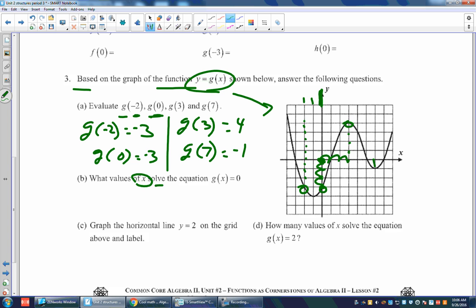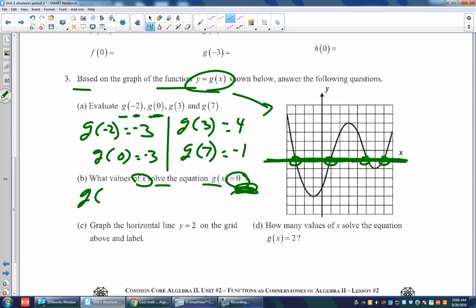What values of x solve the equation for the function equaling 0? That means the answer equals 0. There's the answer equaling 0 right there. There's 1, 2, 3, 4 answers.